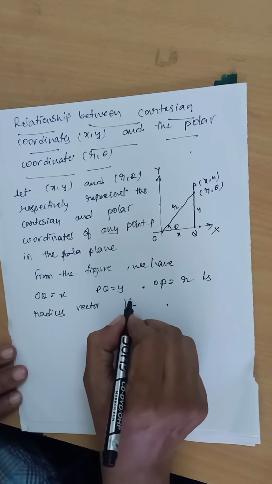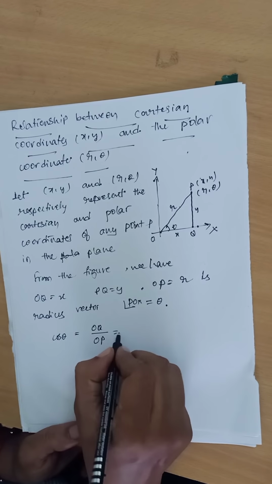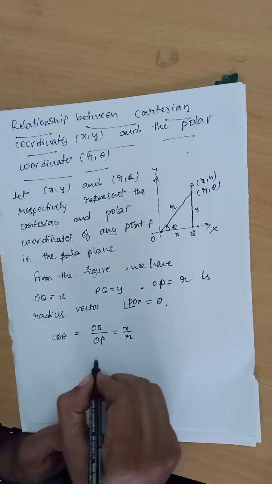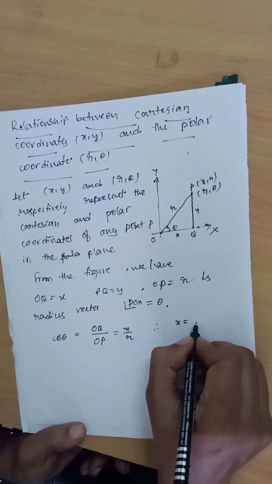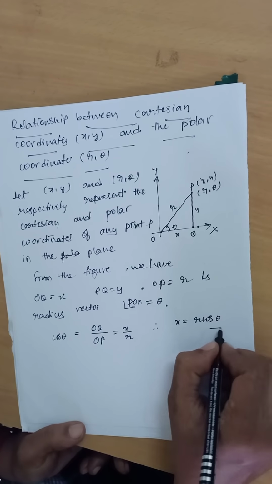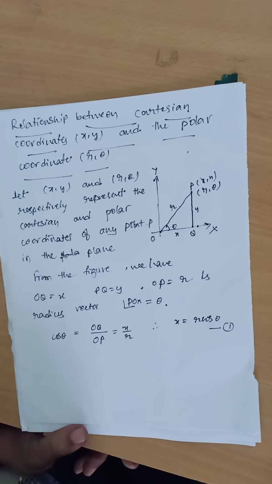From the figure, the ratio cos theta is OQ by OP, that is x by r, therefore x equals r cos theta, call it equation 1.